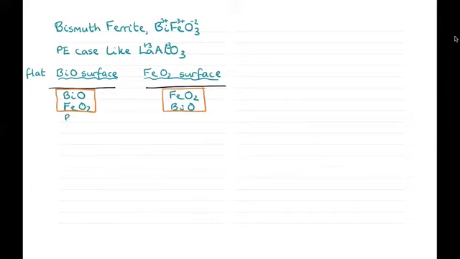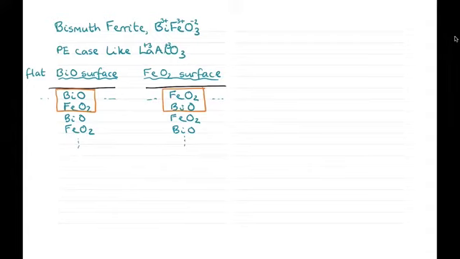And so again, our structure periodically repeats in the XY plane and goes infinitely down to minus Z. And let's work out the polarization in both cases.